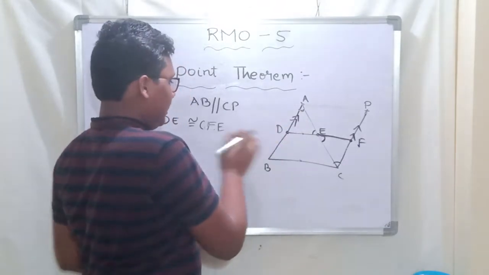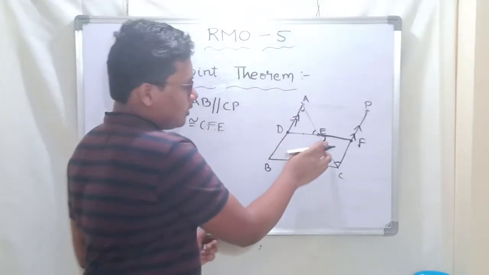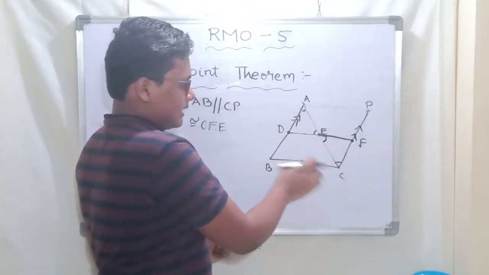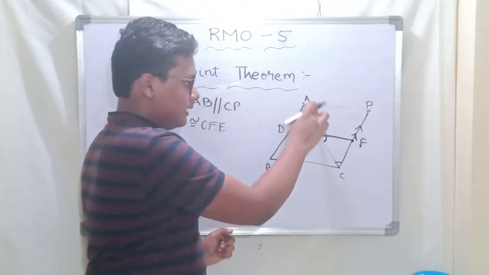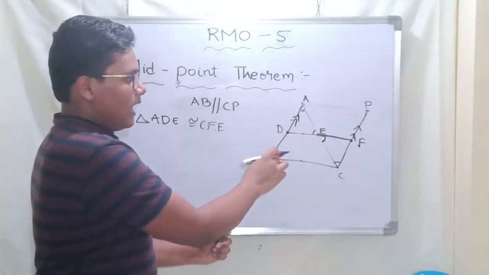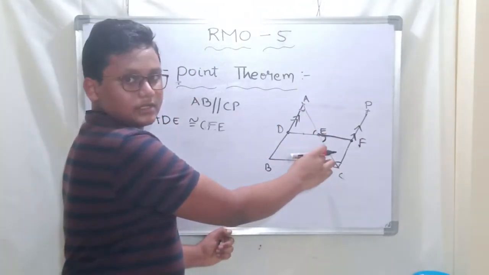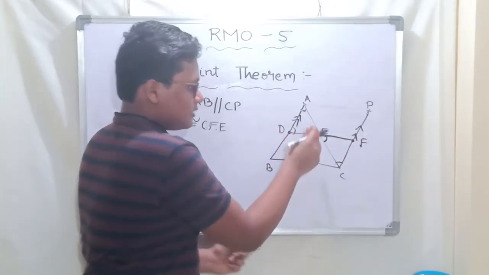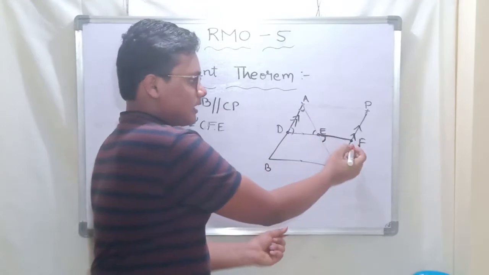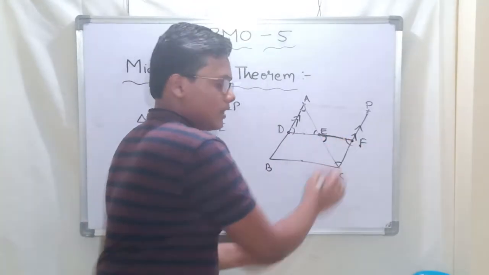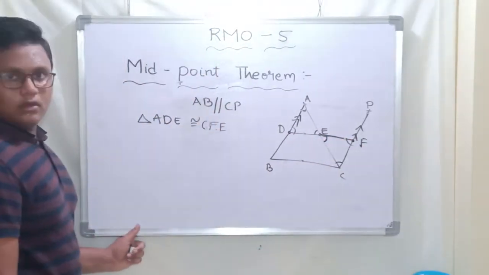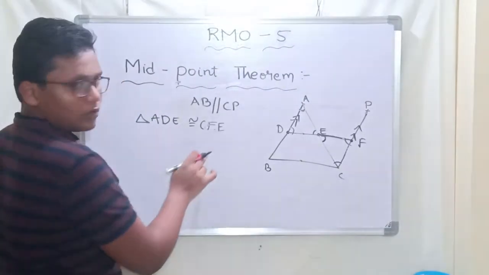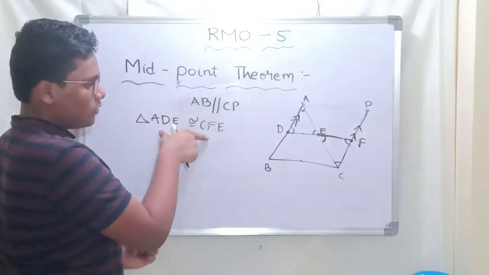So angle CEF is equal to angle AED, and angle DAE is equal to angle ECF. This will also be a transversal, and these two angles will be equal. So these two triangles are congruent.